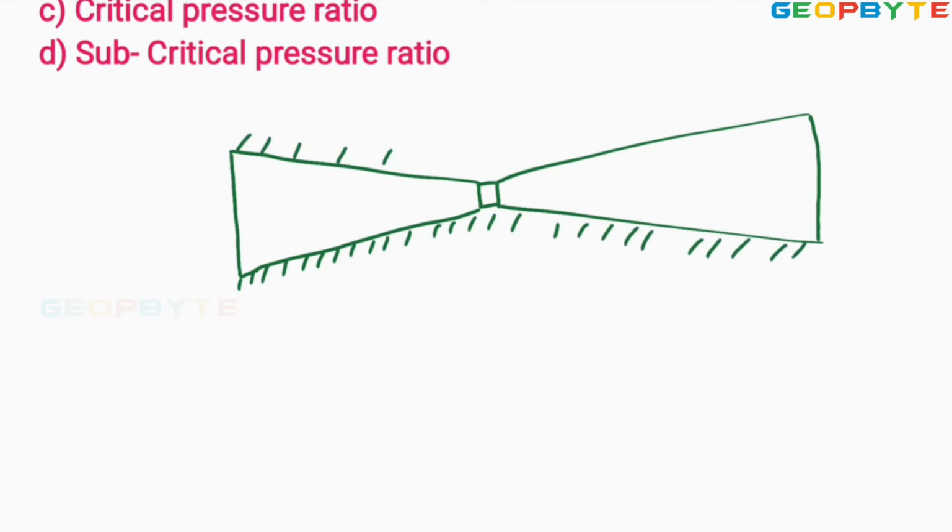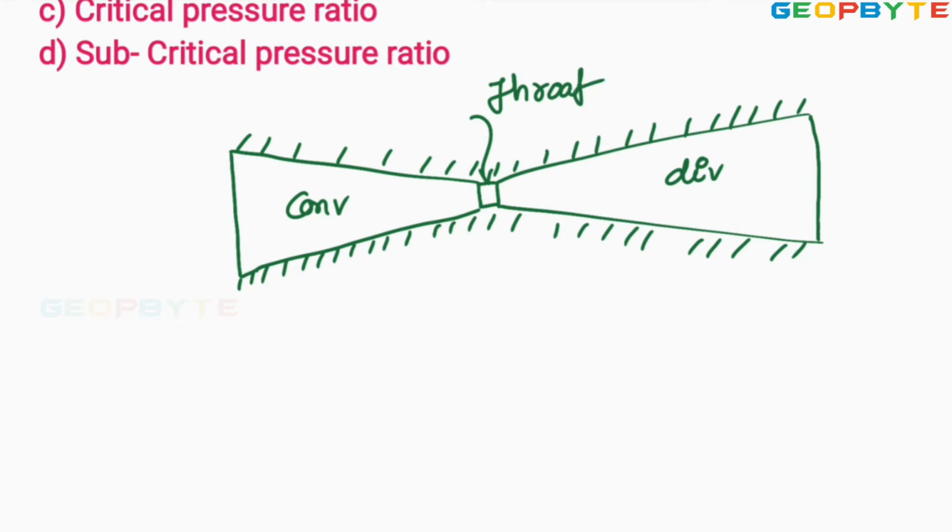You know, it consists of three sections. Converging section, diverging section. In between the converging and diverging sections, there is a small portion maintaining uniform cross section called the throat. Let these be section 1, section 2, section 3.